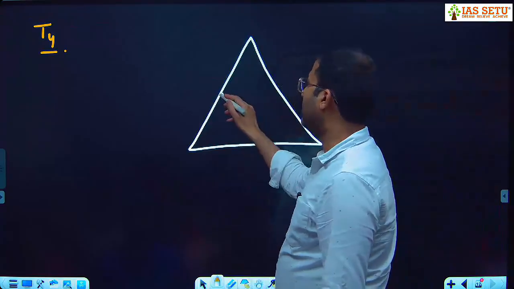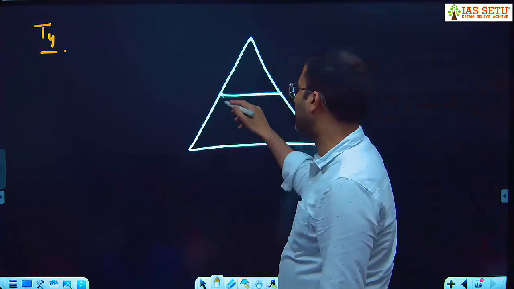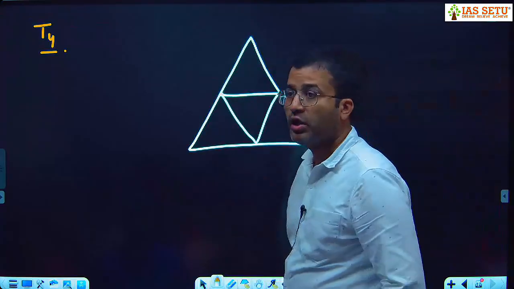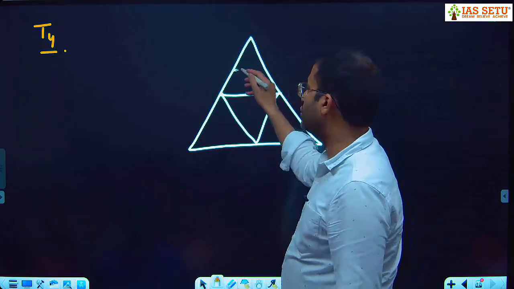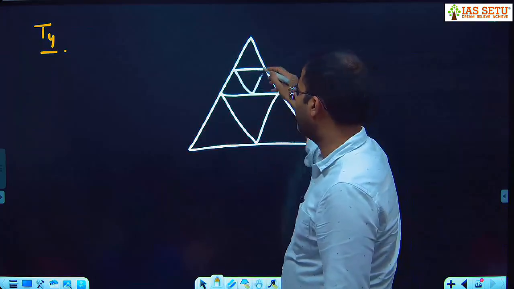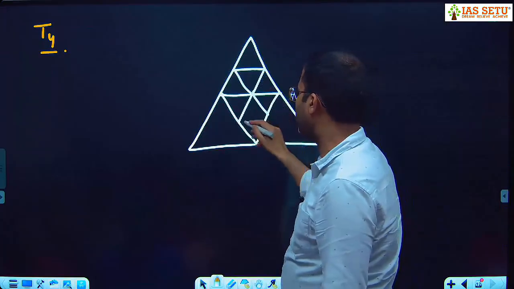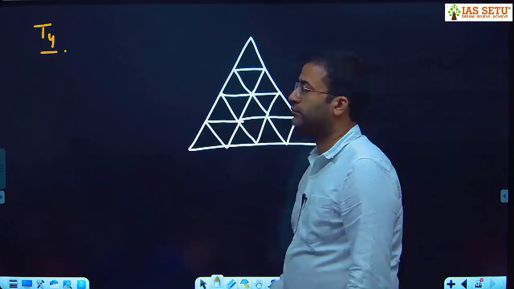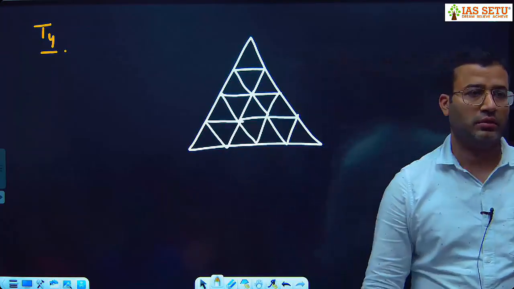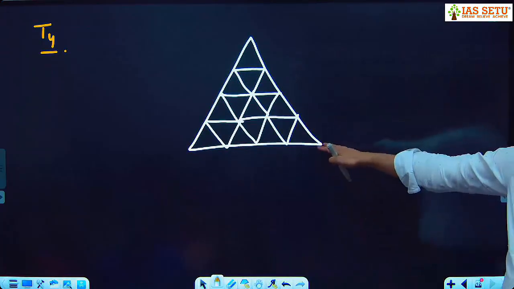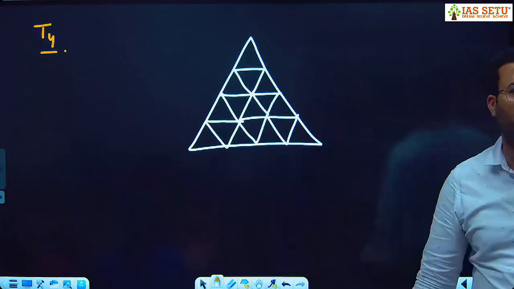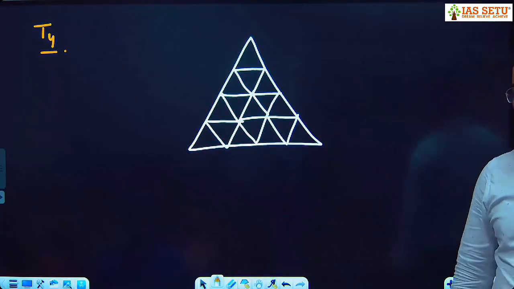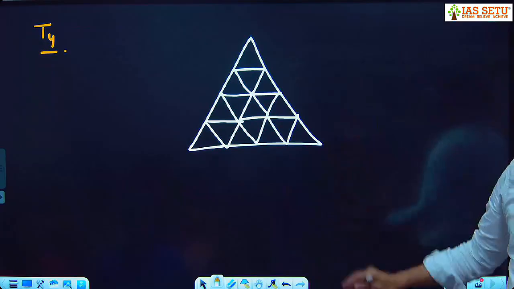If you join the midpoint of the sides of a triangle, we get this figure. Further, for these small triangles, you join the midpoints of the sides of all the triangles. An examiner will ask to count the number of triangles in the given figure. In 2011, the very first year of CSAT, they asked a question on this pattern.